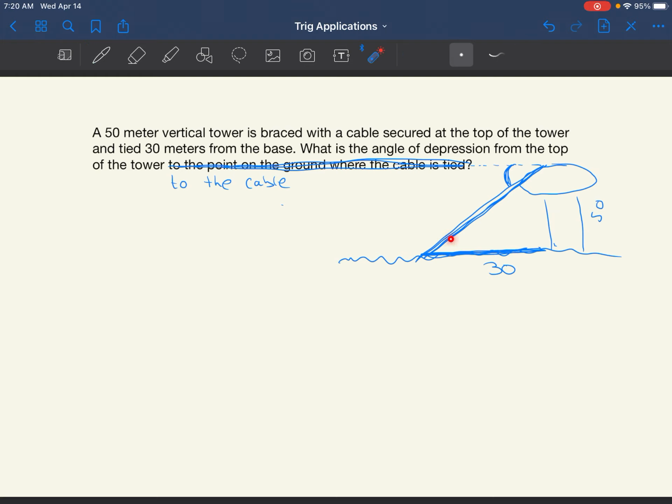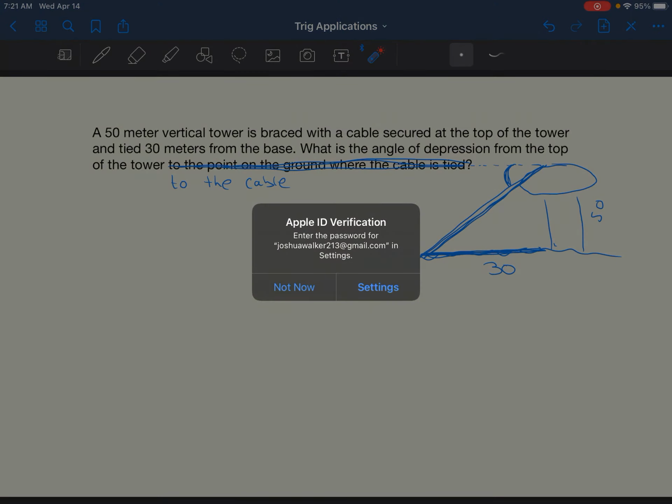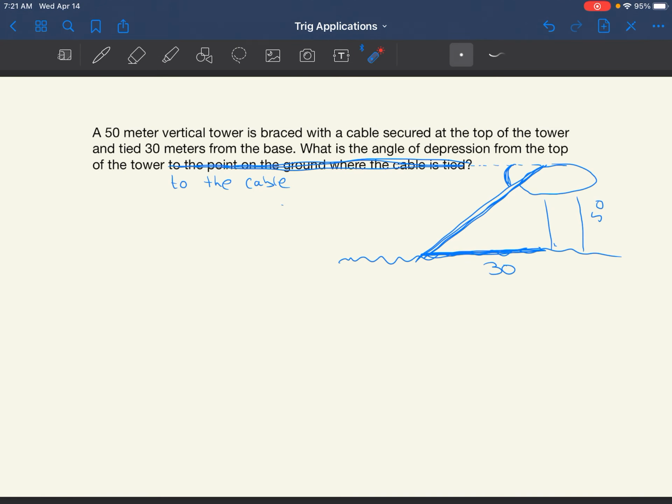It goes up from the ground to the cable. Angle of depression goes down from the horizontal to the cable. Angle of elevation goes up from a horizontal to the cable. So this right here is the angle of elevation. And the angle of depression and the angle of elevation are equal.